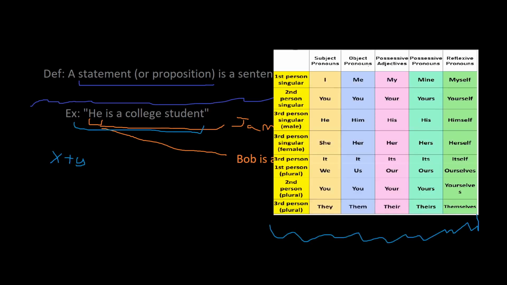Just in case you're wondering what some pronouns are, here are some pronouns. What I want you to take note of is the pronouns that would have made this statement more understandable, right? If you say, I am a college student, that could be true or false, but it's not as vague as saying he.